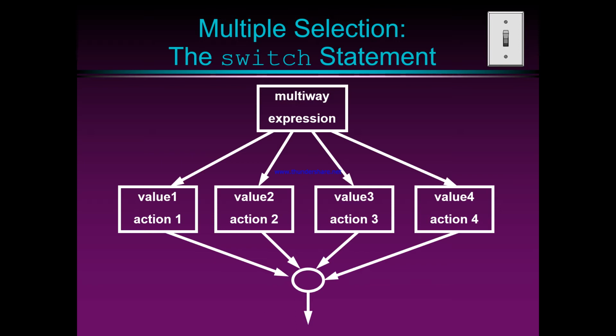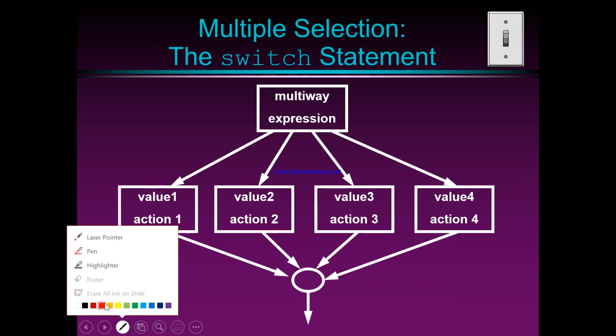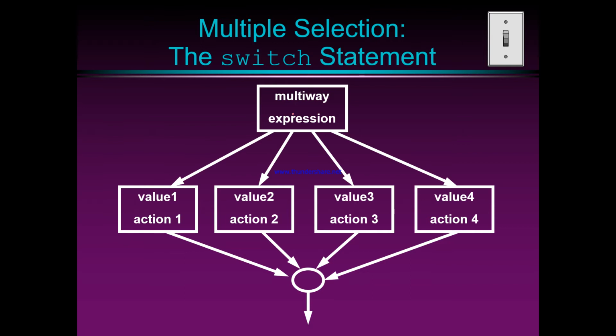Basically, a switch statement represents a multi-way expression that results in a constant value. For example, there is a variable which has some value, and that value is matched against the cases given here: there are cases 1, 2, 3 and 4. If the value of the multi-way expression matches the value 1, action 1 will perform.